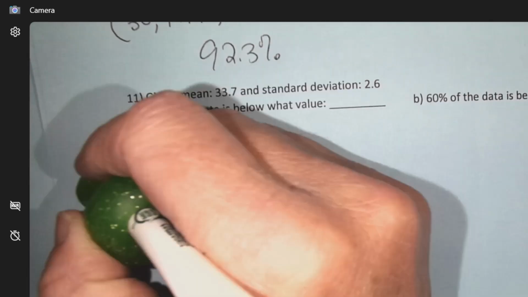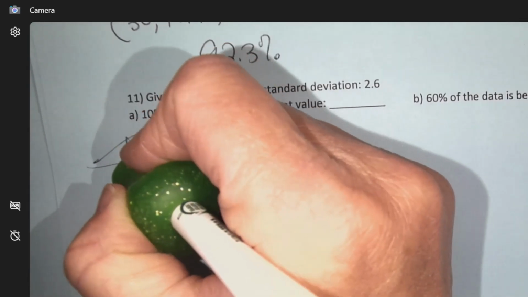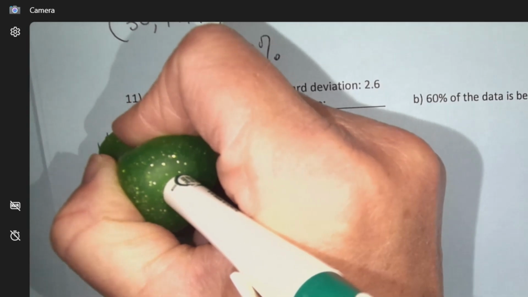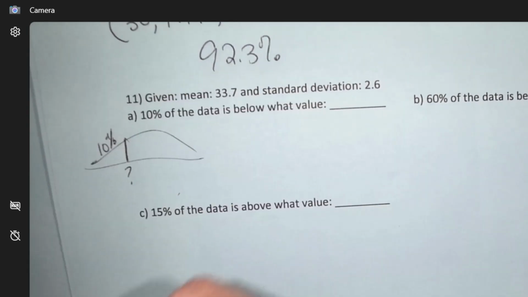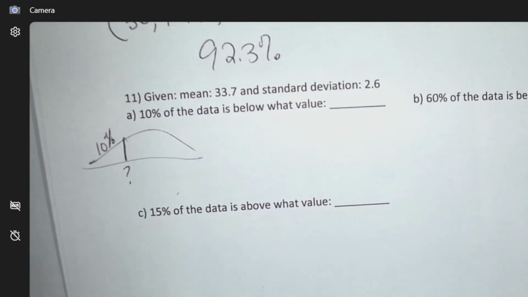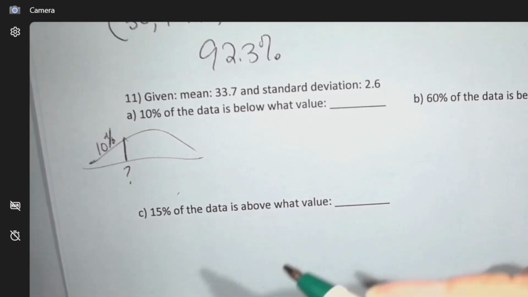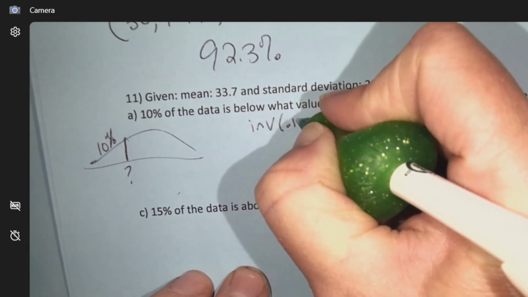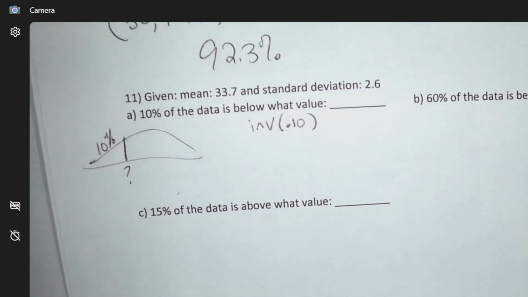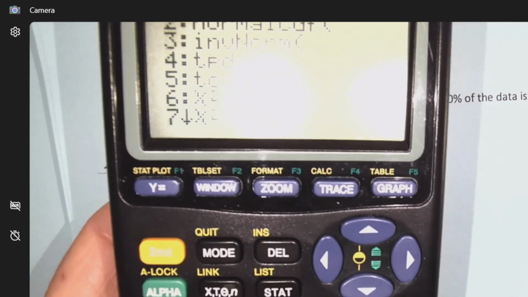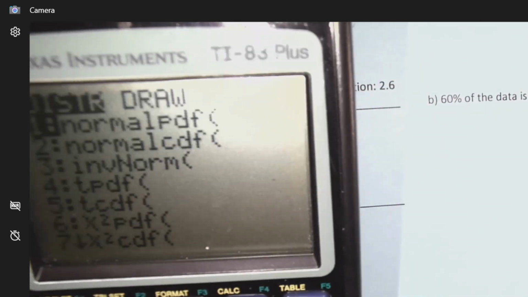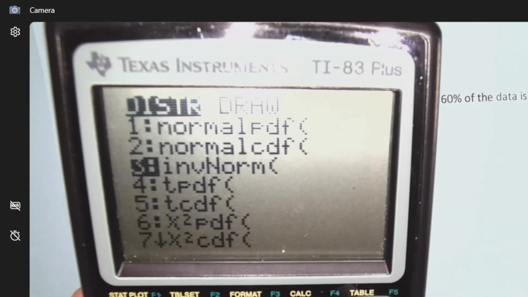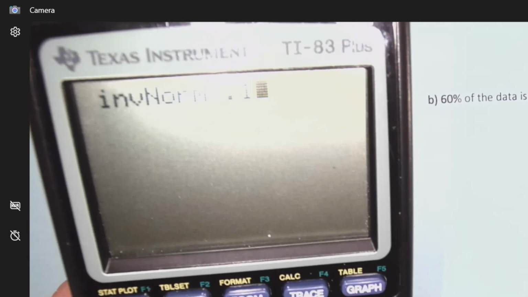Okay, so 10% of data is below what score? So I'm going to inverse norm. So again, that's under your distribution button. Distribute data, inverse norm, 0.1.